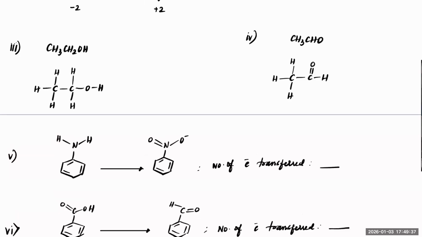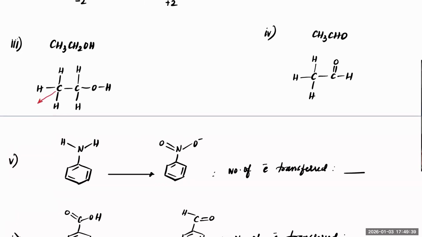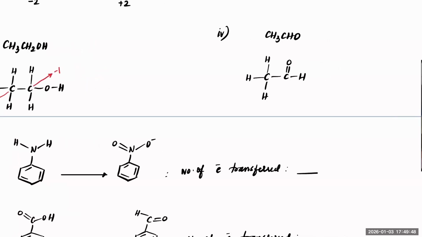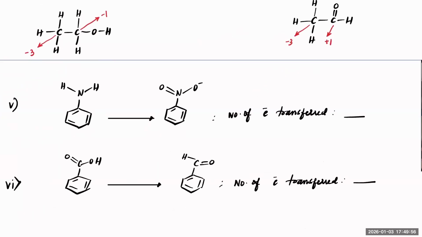So let's see what is the oxidation state on this carbon. -3. Very good. This carbon? -1. Very good. What about this carbon? -3. What about this one? +1. Right. What about this nitrogen?